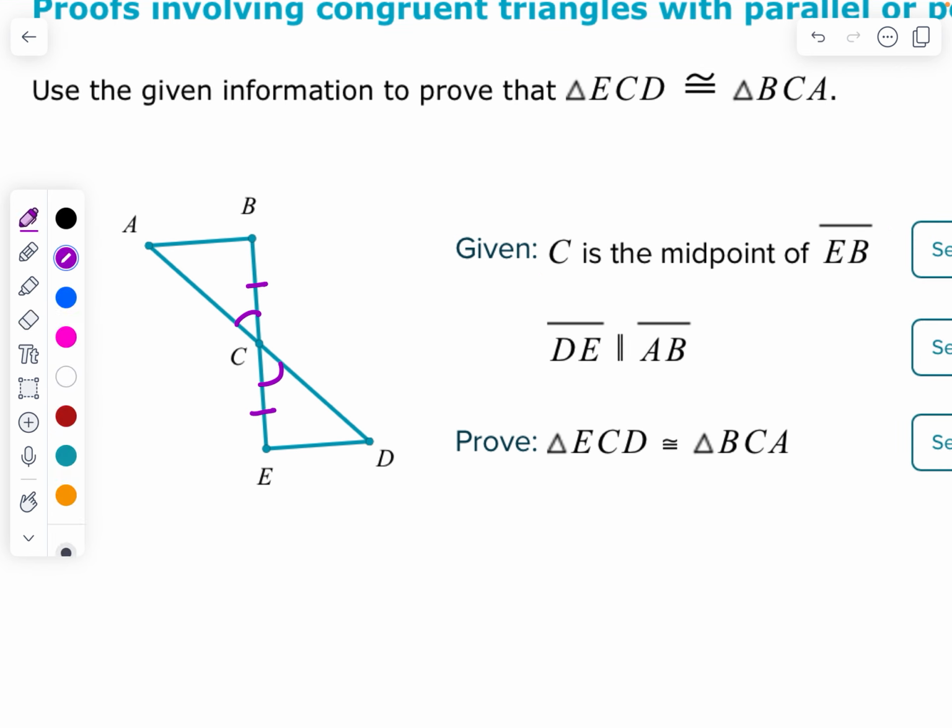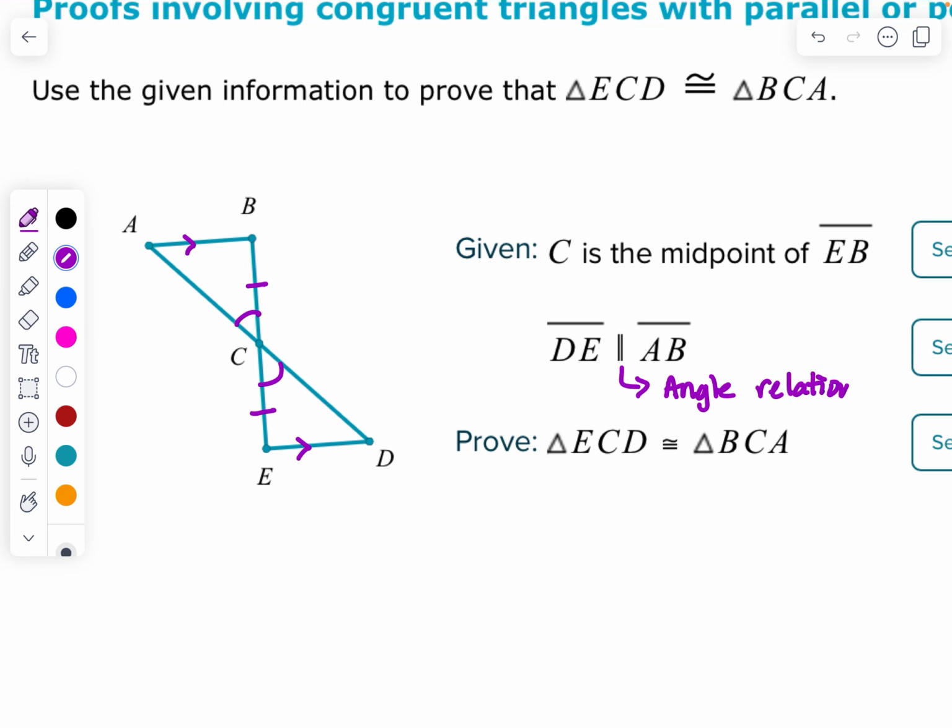Now, the next thing it tells us, segment DE is parallel to segment AB. So let's go mark that. Parallel, parallel. Now, parallel always gives us angle relationships.